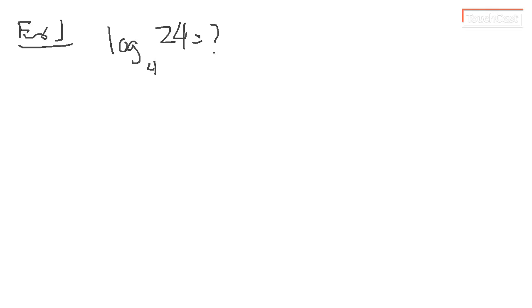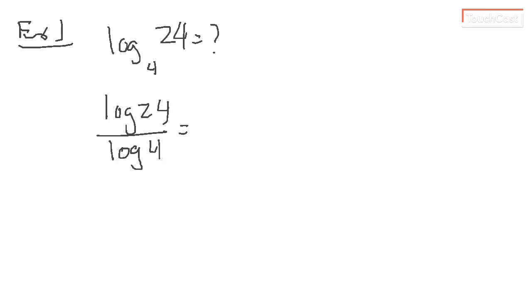So we're going to use the change of base, and I like using the common log, so that's what I'm going to do in this example. We're going to write this as the log of 24 divided by the log of 4, and then we're just going to use our calculator to calculate what is the log of 24.